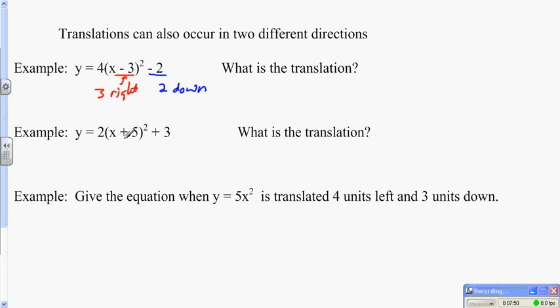Next one, inside the parentheses, it's affecting x, so it's going to go 5 units left and 3 units up.